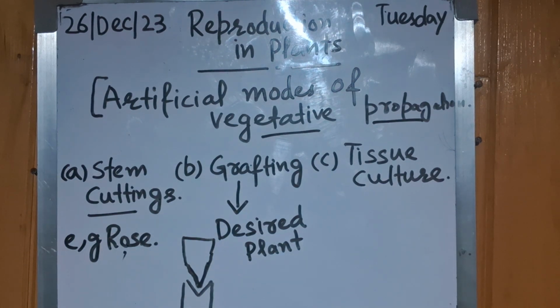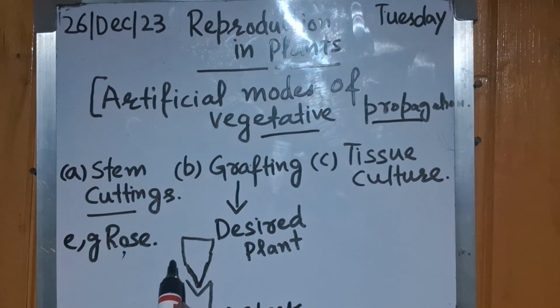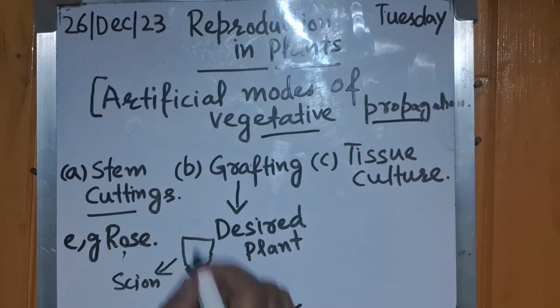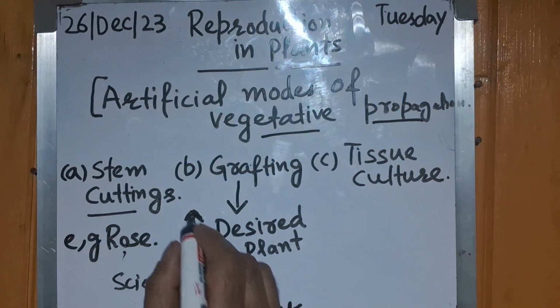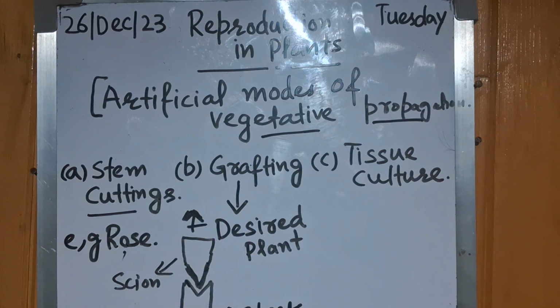This is known as the stock. The desired plant which we want to graft is known as the scion, and this is tightly packed. We will get the desired plant in the future after grafting.